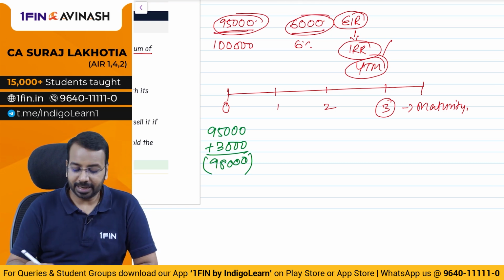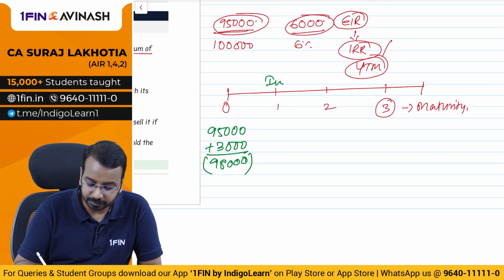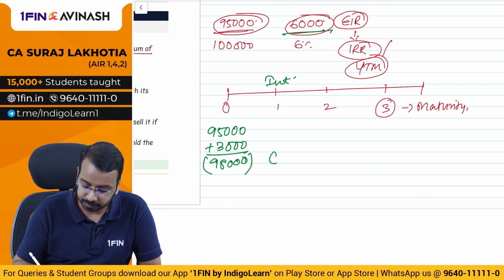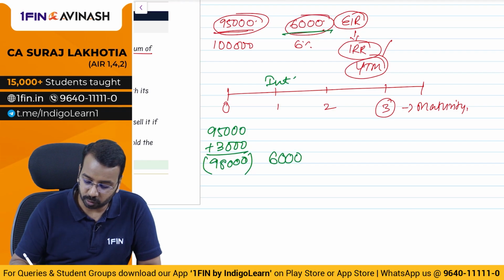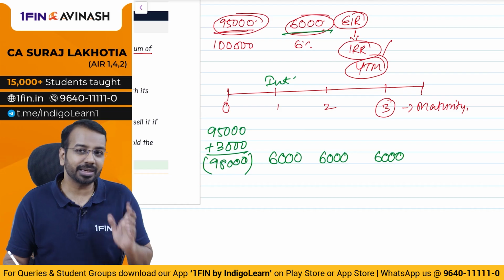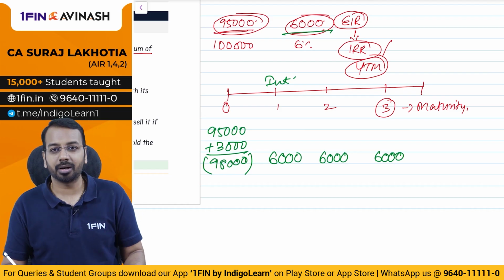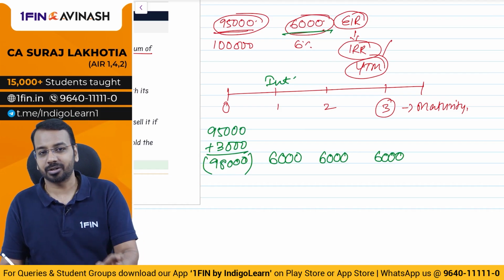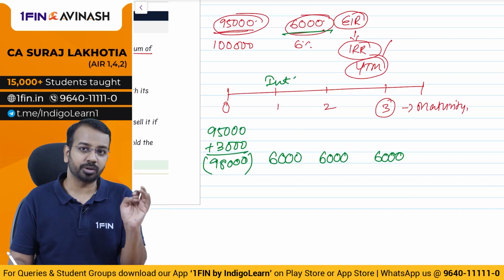In year 1, what will I get? I will get interest of 6,000. Year 2, I will get 6,000. Year 3 also I will get 6,000. And at the end of year 3, the company has to pay back the loan or redeem the bond. Bond, unless otherwise mentioned, will be redeemed at the stated value or the face value.